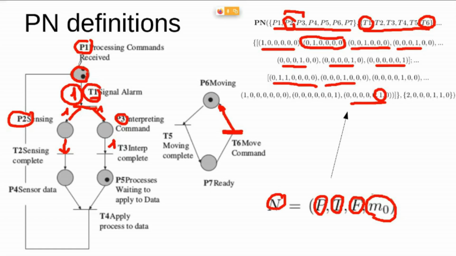As you can see here, we have 2 tokens in P1, 1 token in P5, and 1 token in P6. All the remaining places here are empty. There are no tokens in these remaining places.